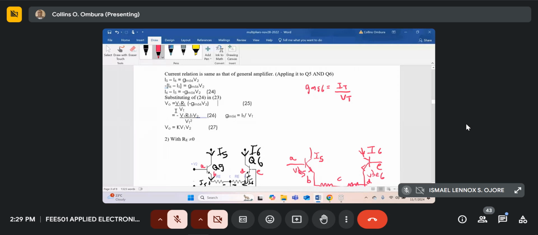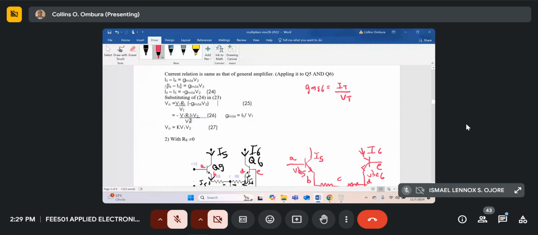So in the denominator, I'll get VT squared. And in the numerator, I'll get an IT and V2. So the overall result will be V0 is minus V1 RL IT V2 over VT squared.